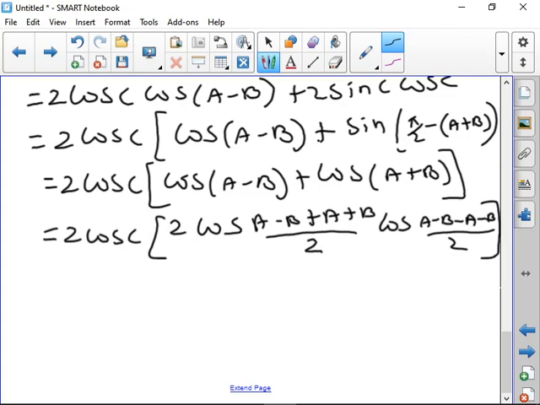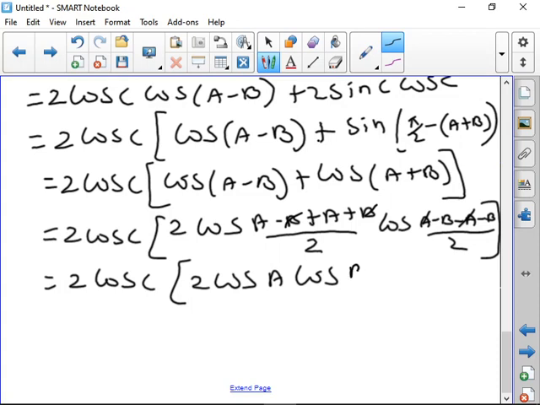So it is equal to 2 cos C into 2 cos. Here B gets cancelled. Upper 2A by 2 becomes A, and here A will get cancelled. Upper minus 2B, and we know cos of minus theta is cos theta. So minus 2B by 2, the 2s cancel, so you get B.